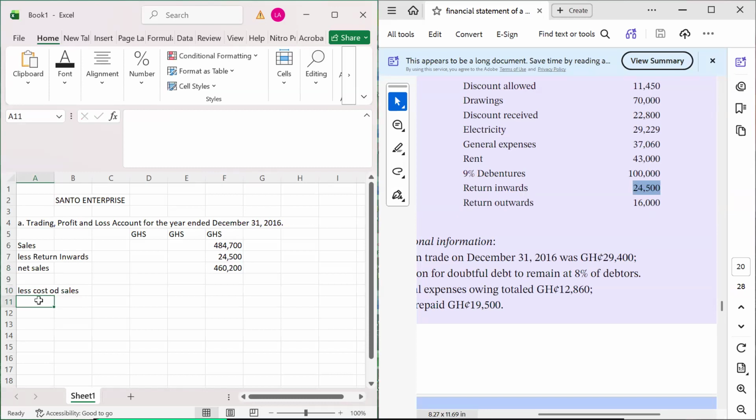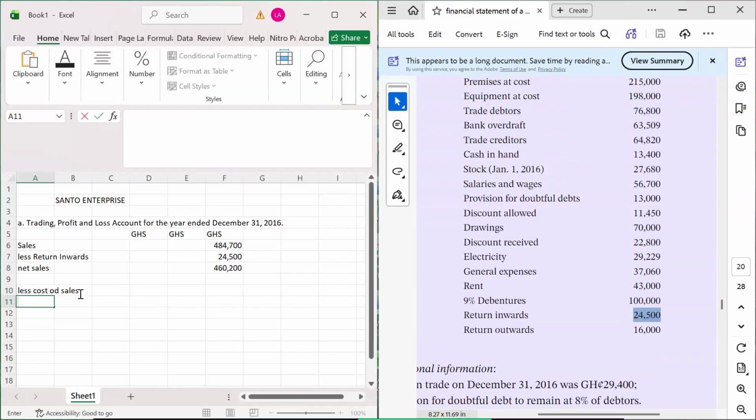We say opening stock. So the opening stock, we have it in the trial balance in the question, which is here. The way they stated it there, you also state it. It's stock. Then they give a date. The date tells you that 1st January 2016.